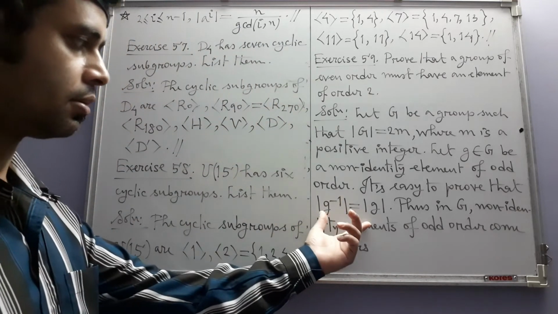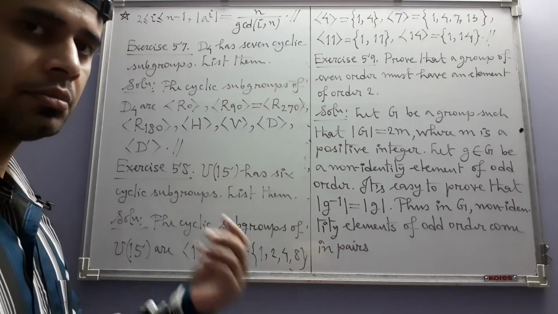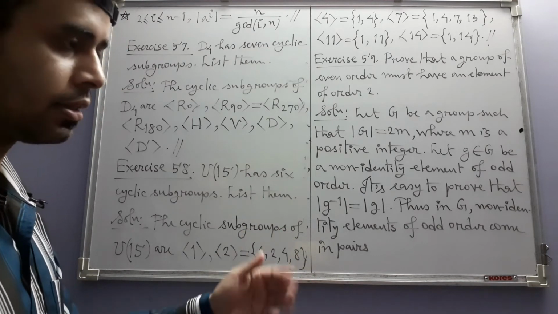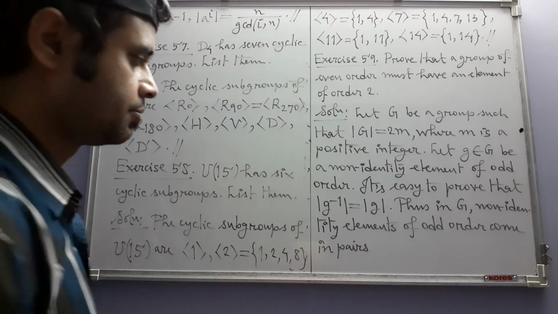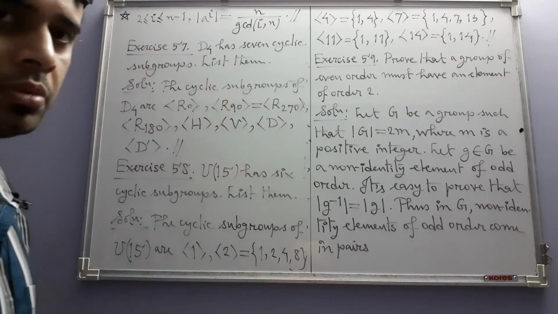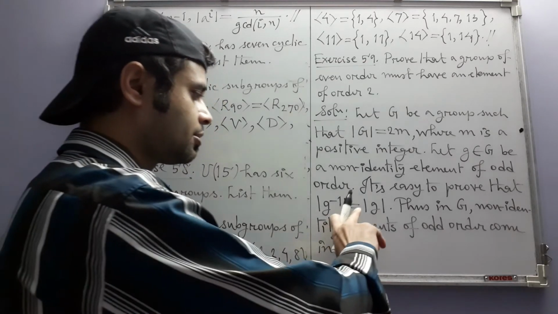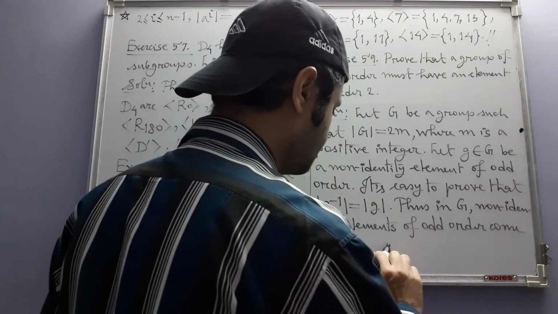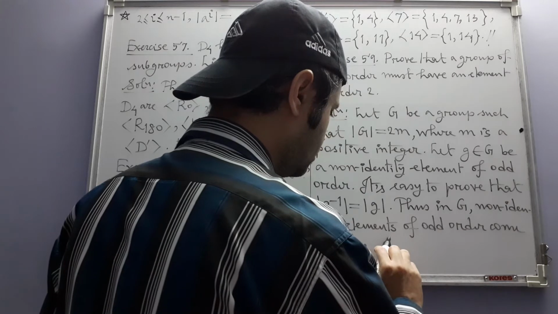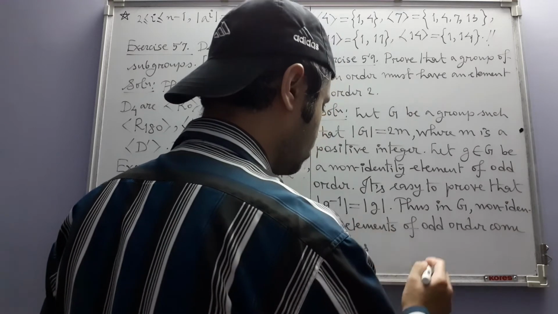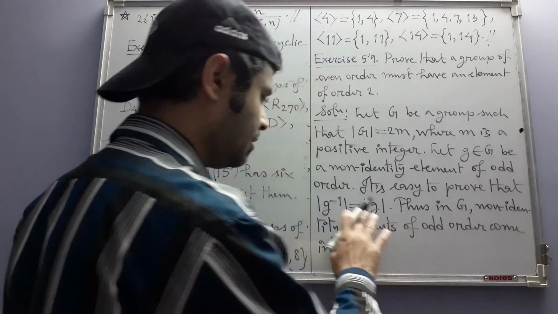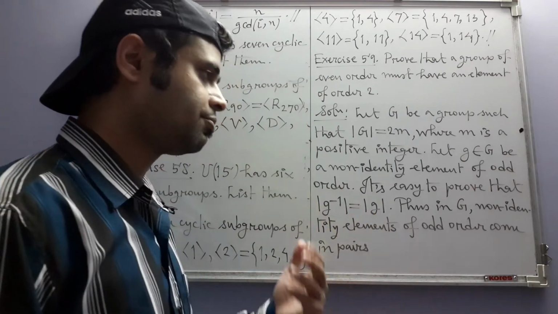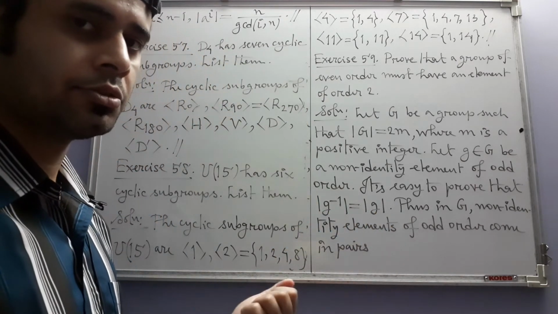Pairs in this sense that one element of that pair is some element and the other is its inverse. So in that way we can form pairs. You consider any other non-identity element, then if the order of the element is odd, then the order of its inverse also should be odd.